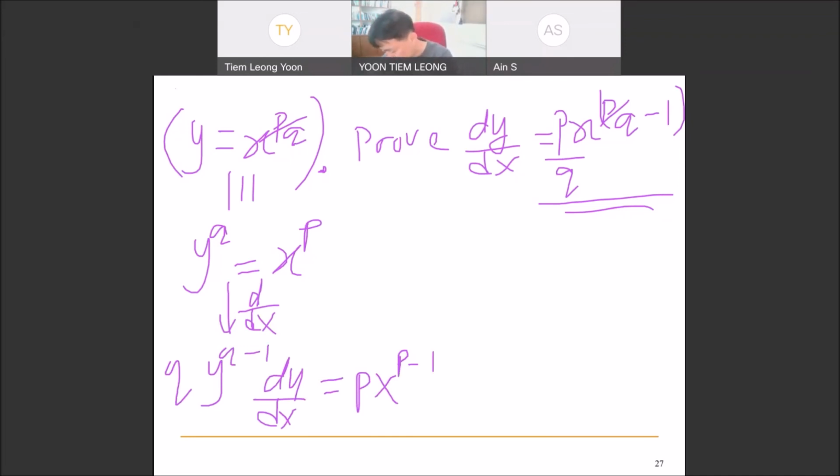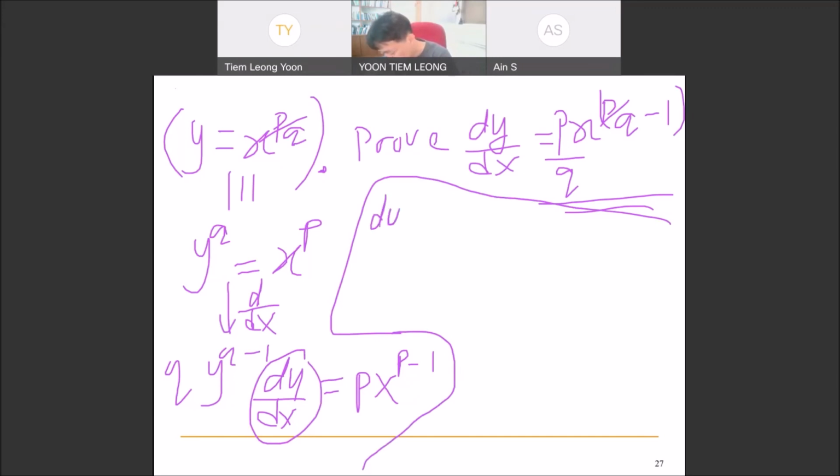So let me make some space. I'm going to carry out my calculations onto the other side here. So I just make a rearrangement: dy/dx on the left-hand side is just equal to p/q. So the q on the left-hand side is moved to the right.